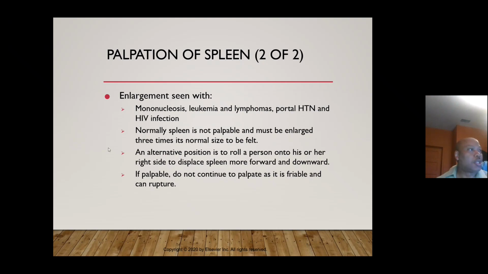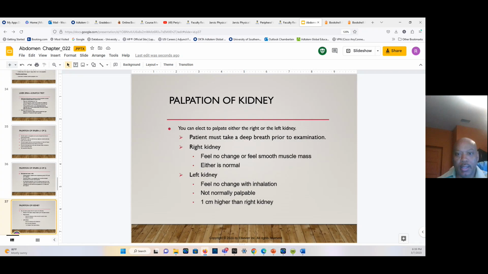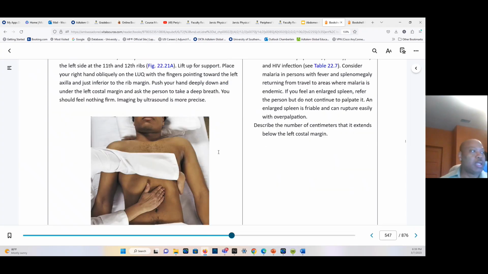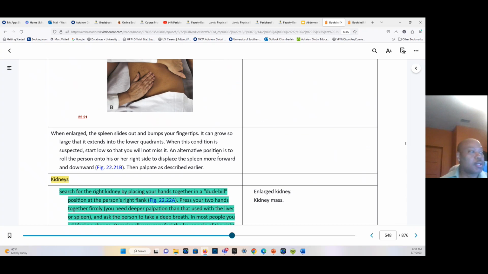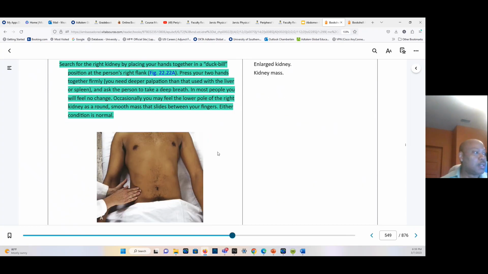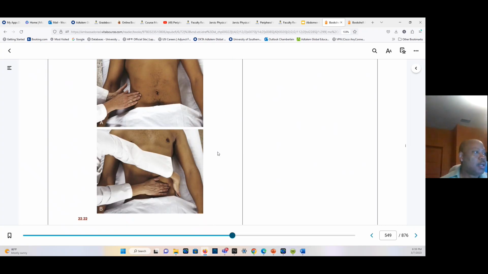All right, so right now we're going to look at the kidney, and I think it's always better for me to show you what that assessment would look like. Again, give you that visual, and then as I talk, you'll be able to see what that looks like.